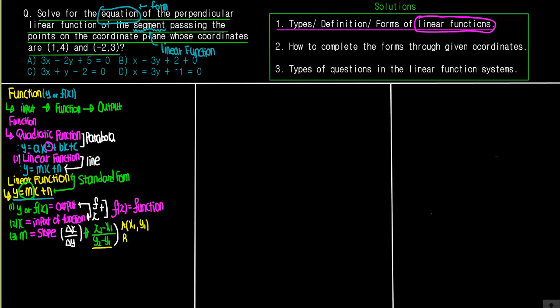And the second point will be b, which we will notate as x2, comma y2. From these 2 points, or we call them the coordinates, we'll be able to solve the slope, which we notated as the m value in our linear function, how steep the function is.